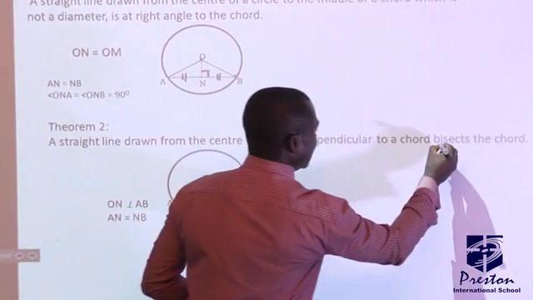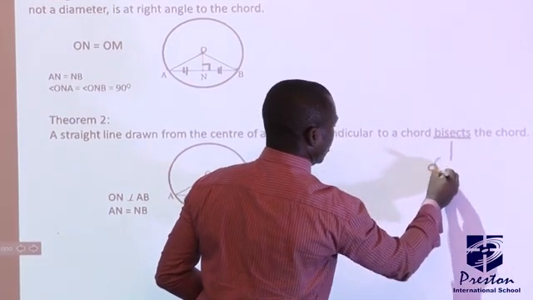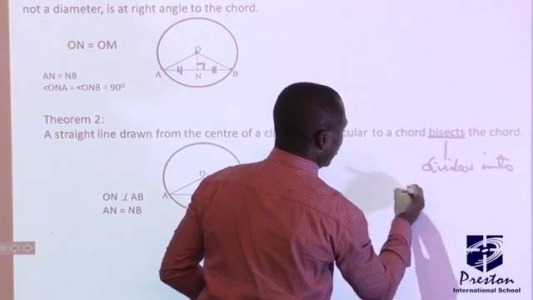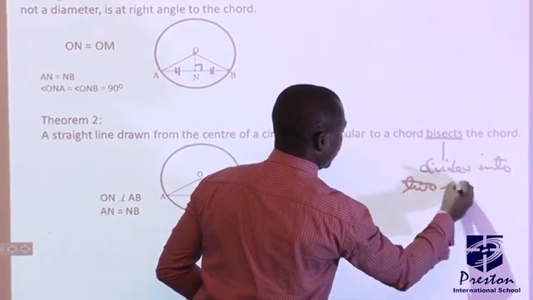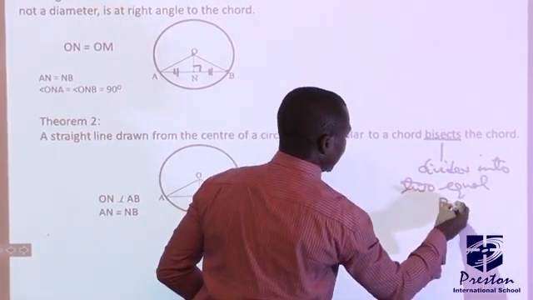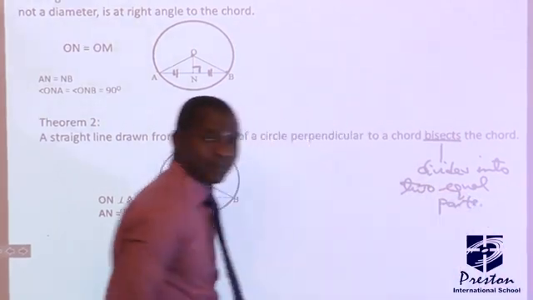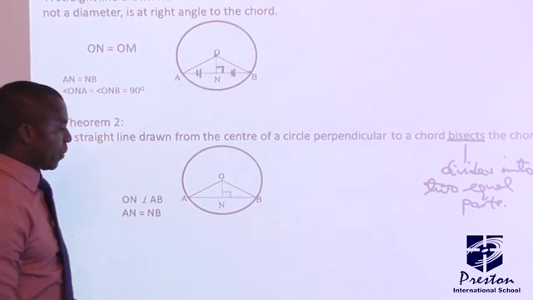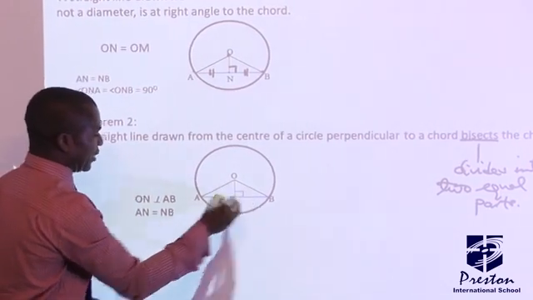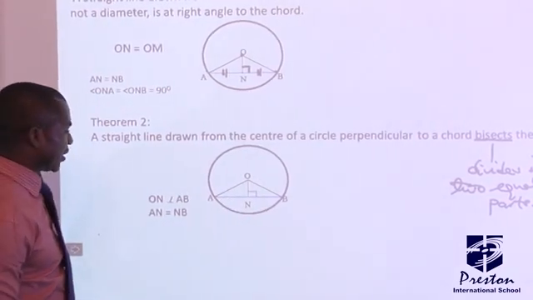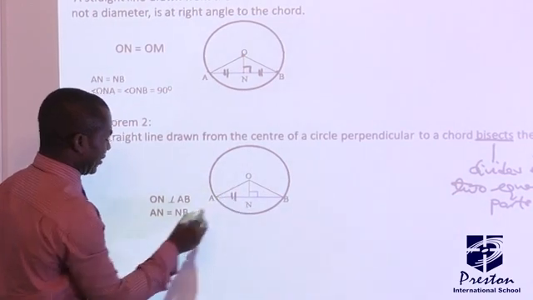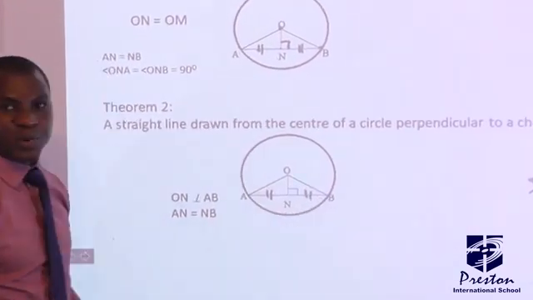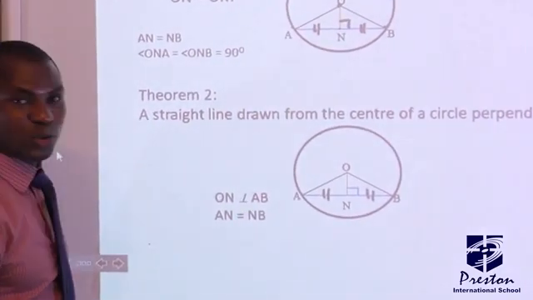Now bisects the chord simply means it divides it into two equal parts or halves. This line coming from this place divides this chord into two equal parts. So the angle formed there is what we call 90 degrees. So that will make the length AN the same thing as the length NB or BN. So that's the second theorem we are going to be considering.